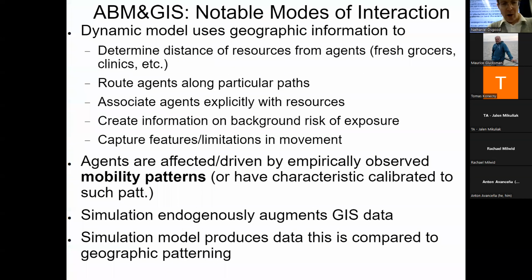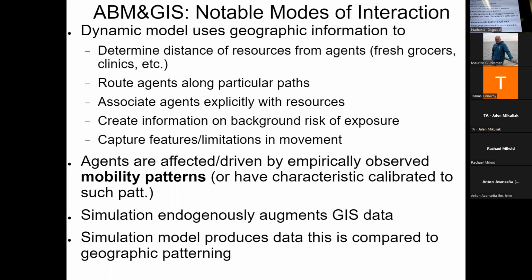Okay. Often we have mobility patterns. We make use of GIS models, so geographic information systems, and the simulation often interacts with GIS data that relates to things like resource availability. So maybe GIS data is information on crime rates in different areas or pollution rates in different areas or Superfund sites in certain regions, and it exposes agents to this.